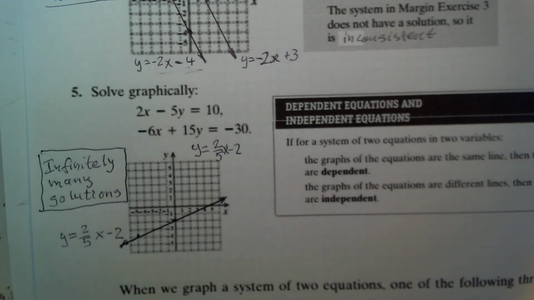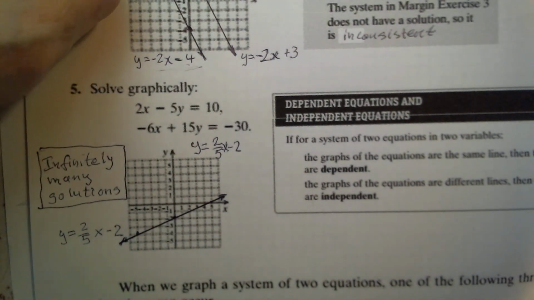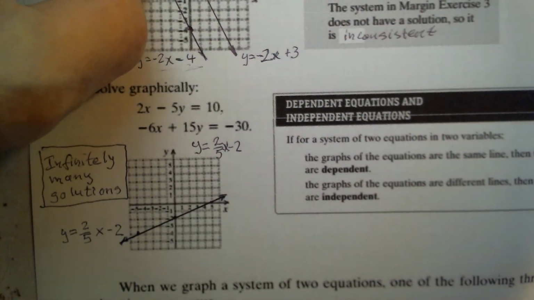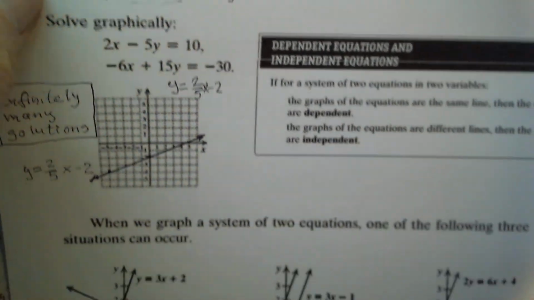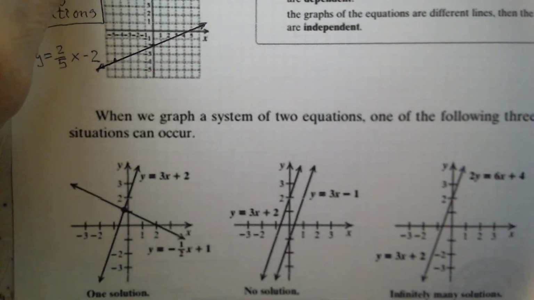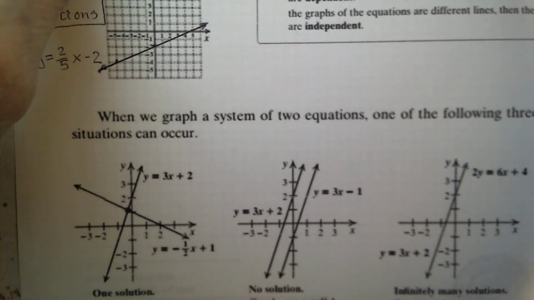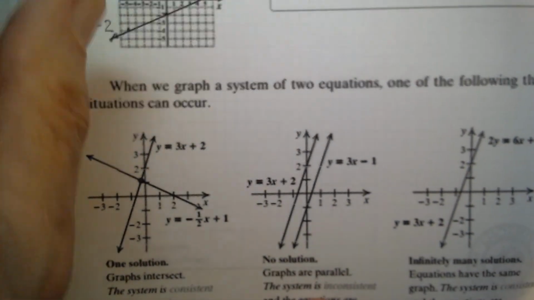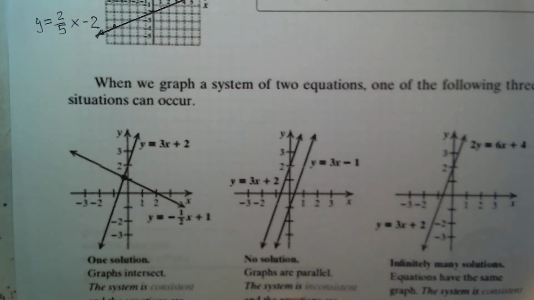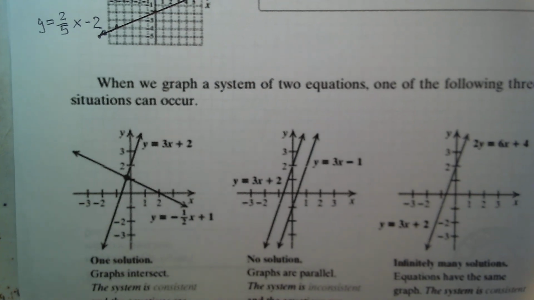So let's look at a summary of all of this. When we graph a system of two equations, one of the following three situations can occur. When the two lines intersect, then the system is consistent, and the equations are independent. So one solution.